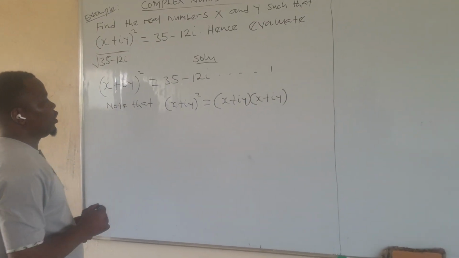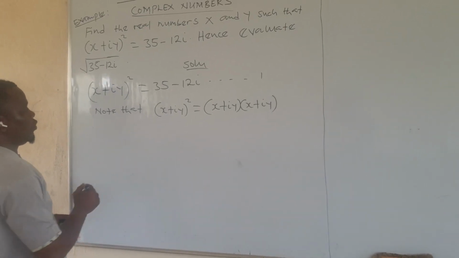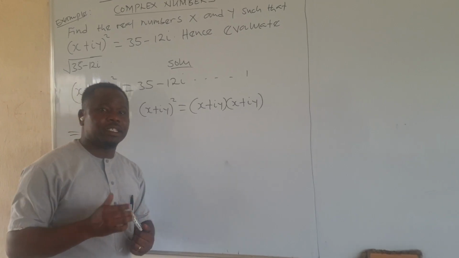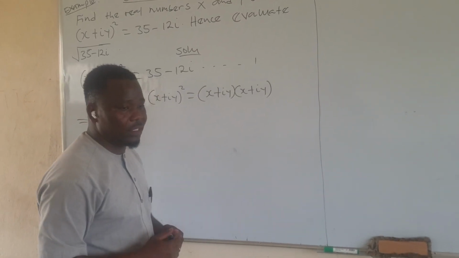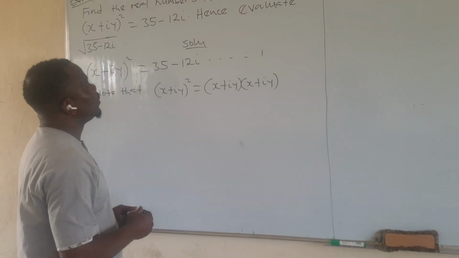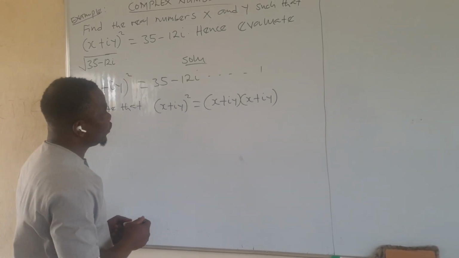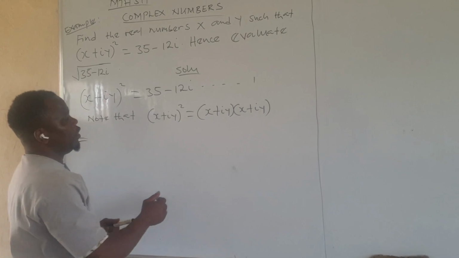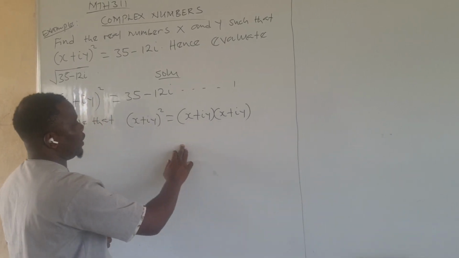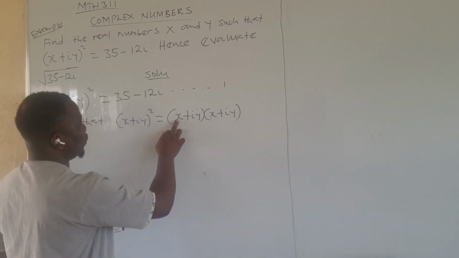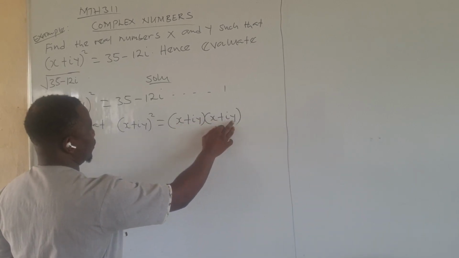Let's multiply out. I'm going to take it step by step for you to understand it better, so that in case you come across questions of this form, you won't panic. So let's multiply out the two brackets, using this one to multiply this and this one to multiply this.